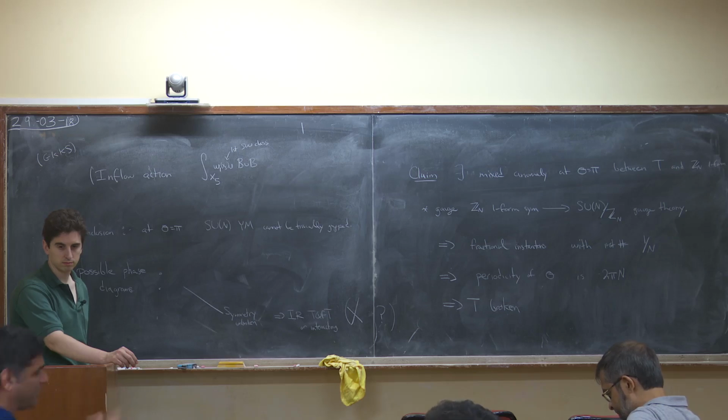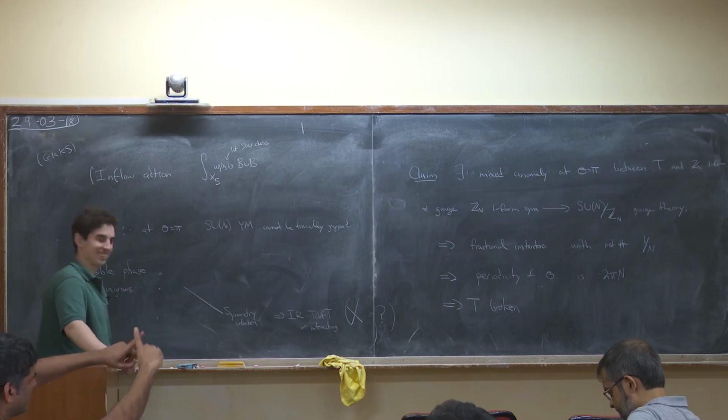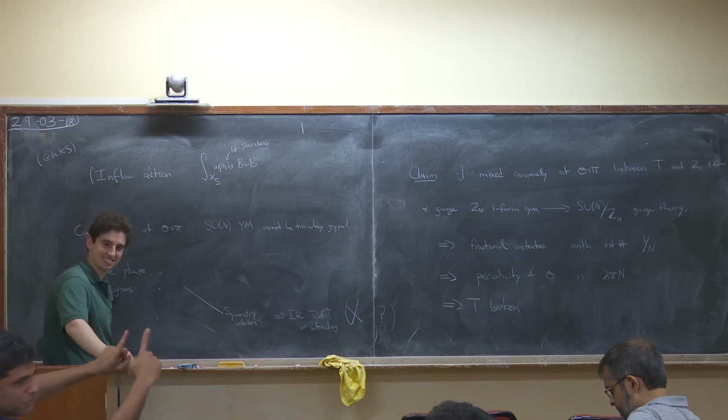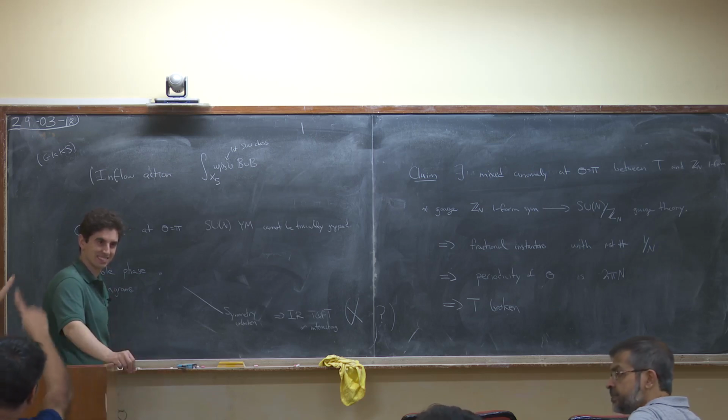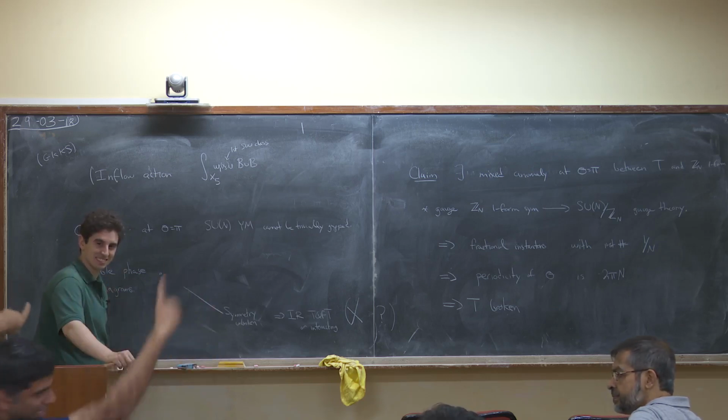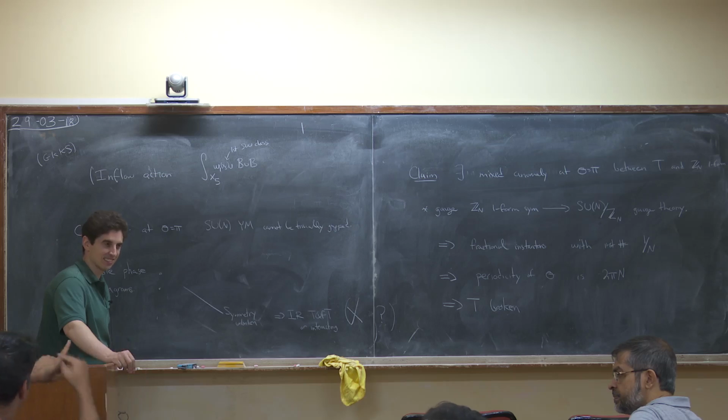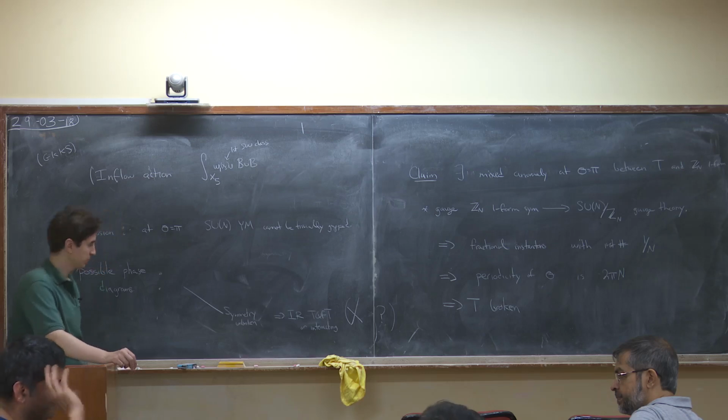The way these two could coexist is if there were bunches of potentials like this, and as theta changes you make a transition from this one to this one. So you get a first order phase transition.